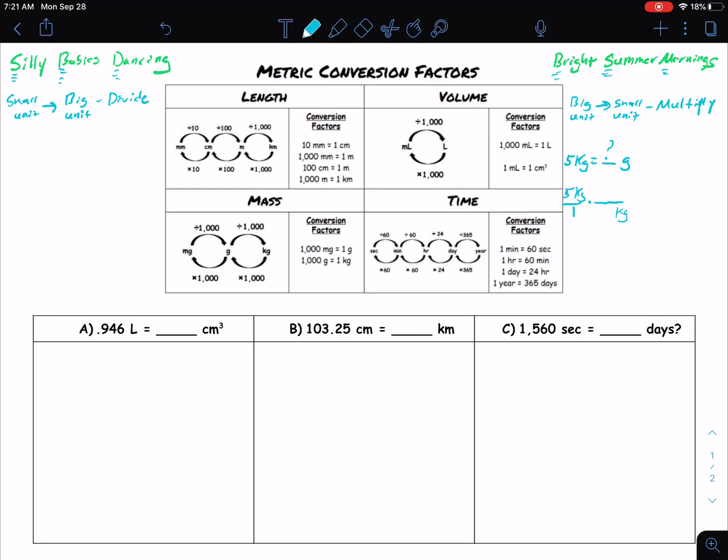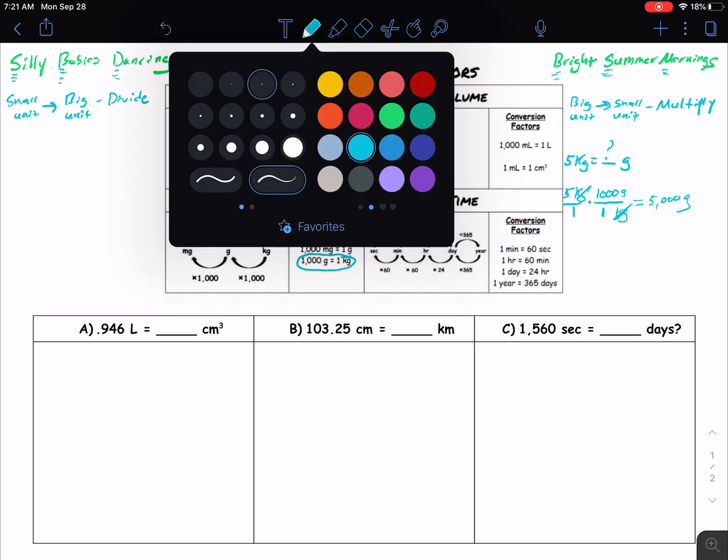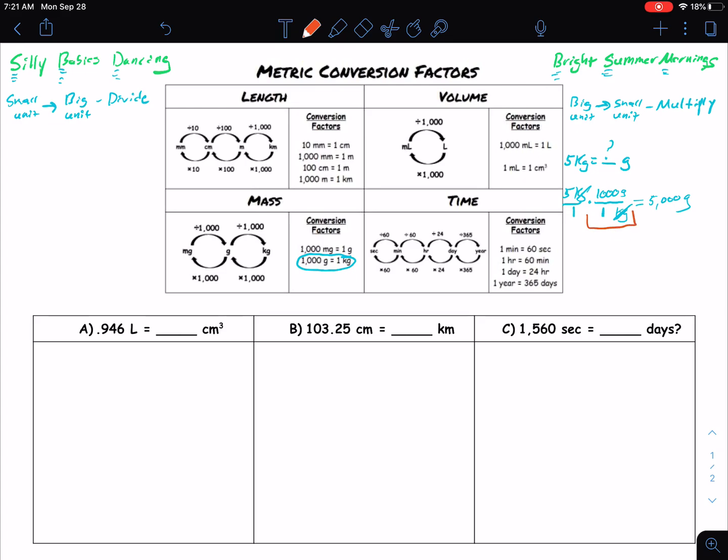So when we look at mass, we can go directly from grams to kilograms or kilograms to grams using the unit conversion factor. 1,000 grams equals 1 kilogram. The 1 stays with the kilogram, and the 1,000 goes with the grams up in the numerator. Kilograms cancel, and you get 5 times 1,000, which equals 5,000 grams.